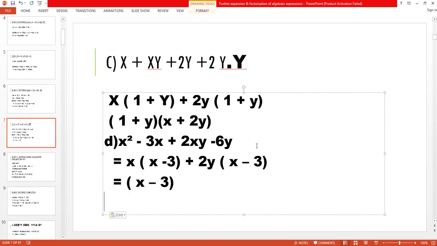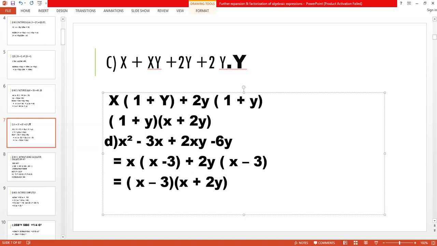So I have to place this bracket, then I put another bracket. And here I have to write the remaining x. Look here, x minus 3 will go outside. Here, x is remaining. Move toward here. Which value is written outside the bracket? Plus 2y.